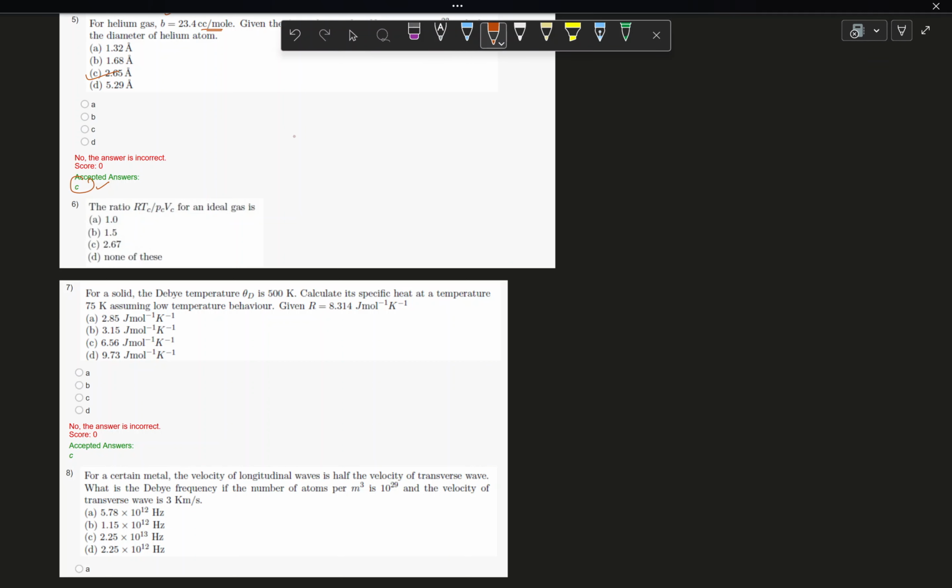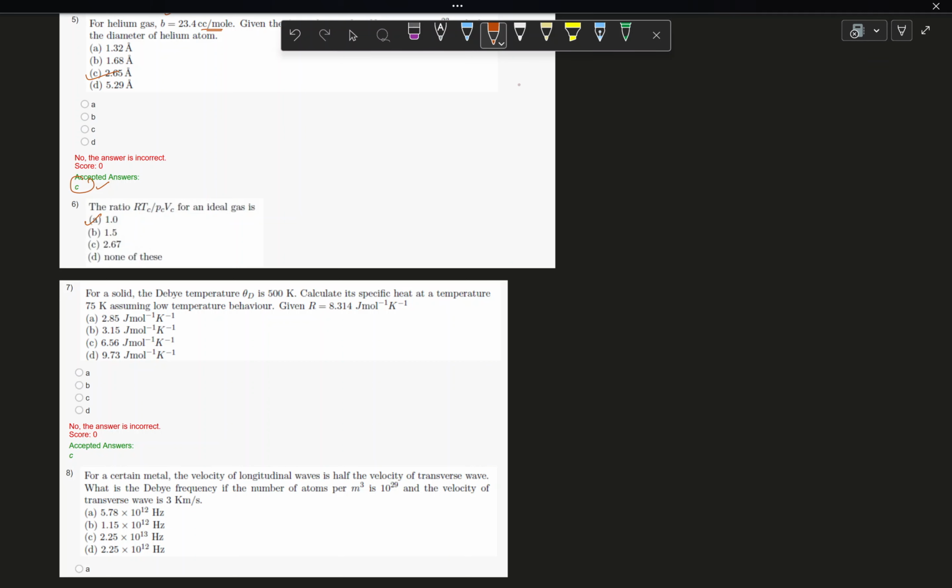So this we already know from our earlier knowledge: for ideal gas the RT by PV ratio is always 1. So even if you take the critical values, that is Tc, Vc and Pc, it is still 1.